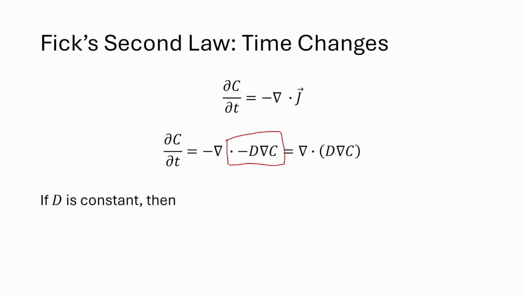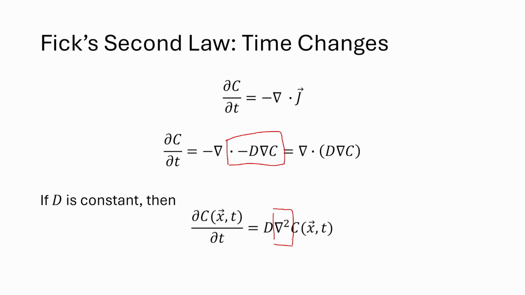If it's not constant, well, this is your final form. Hooray. If it is constant, then it's just a numerical coefficient, and you can move it outside of the derivative. This is nice because then we have del dot del C. So the divergence of the gradient is the Laplacian. Hooray! I'm excited about that.